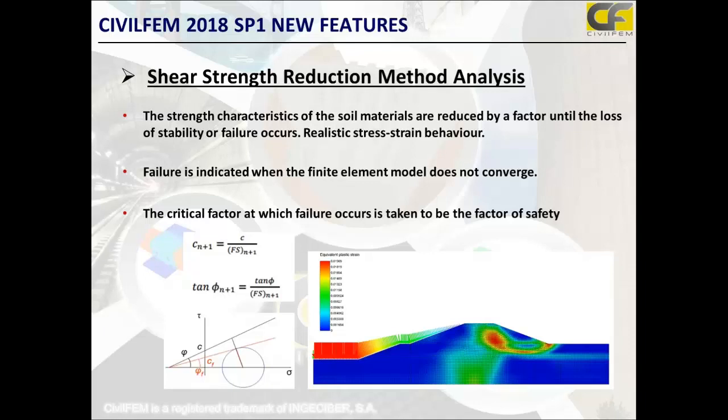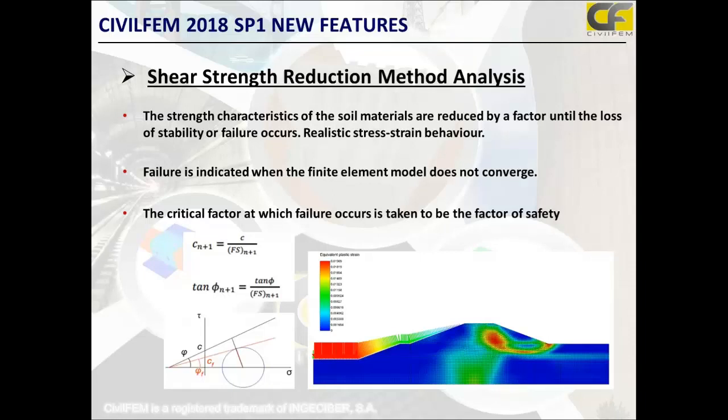This method reduces the strength characteristics of the soil by a factor. For Mohr-Coulomb, we reduce in an iterative way our cohesion and our friction angle. And before this service pack, it had to be done in a manual way.